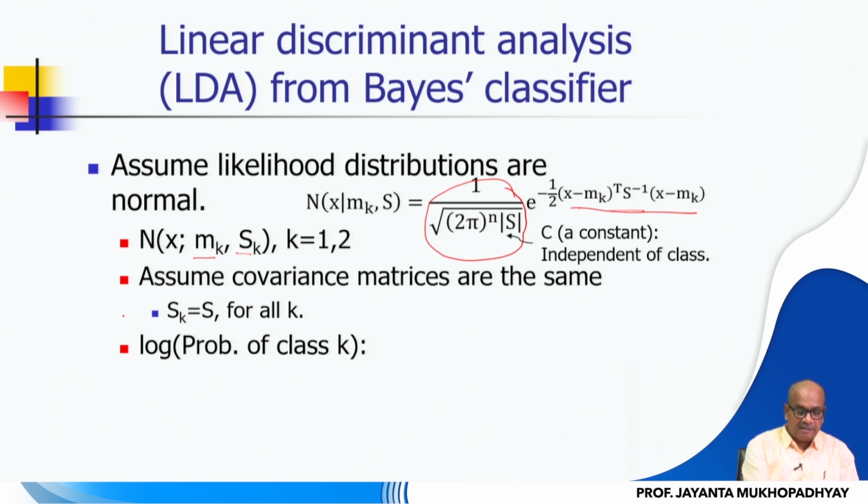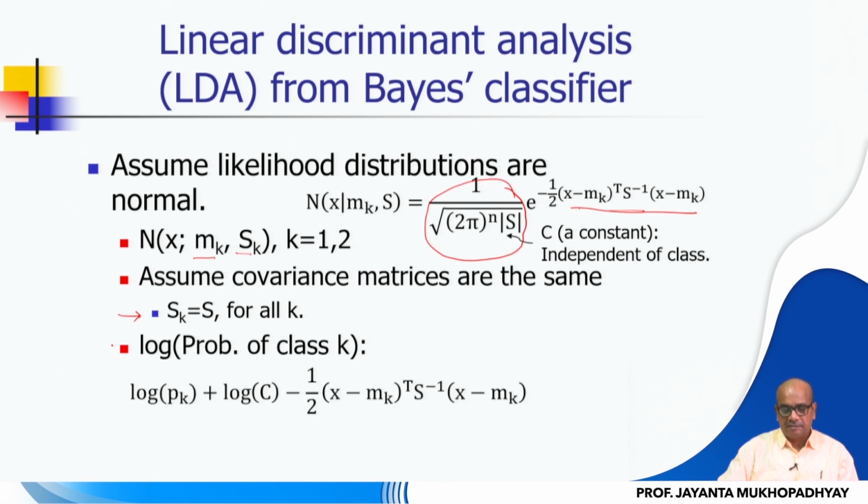So under this condition, when the covariance matrix is same for all the classes, now if I take the logarithm of the probability of class k, that is, if I take the respective posterior probability part, we find that only the numerator matters. So we can write like this: probability of class k given x is proportional to probability of k into probability of x given class k, which is a normal.